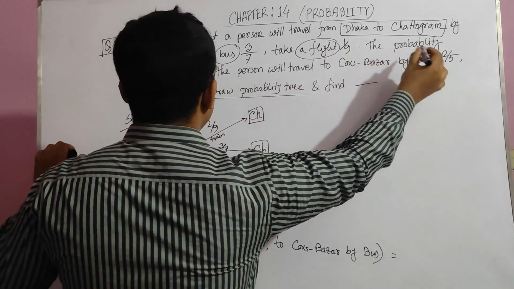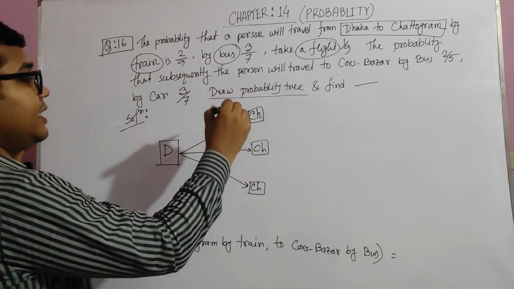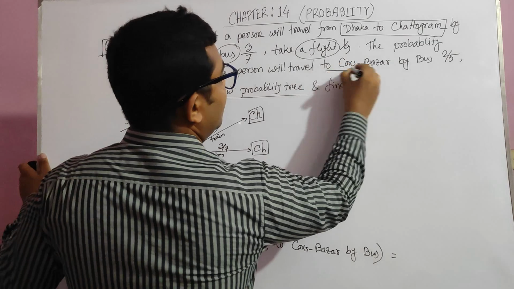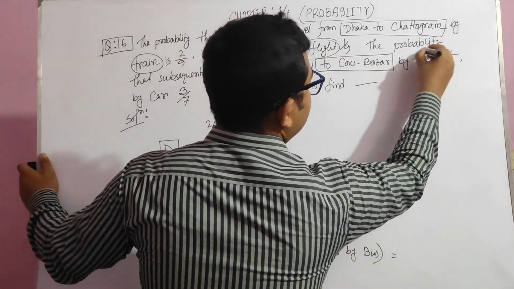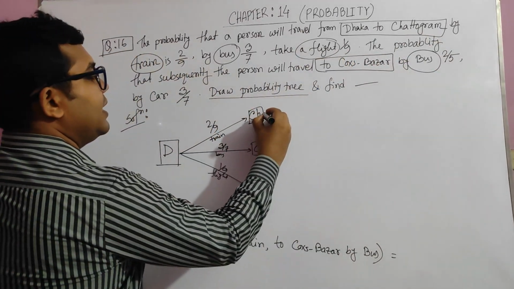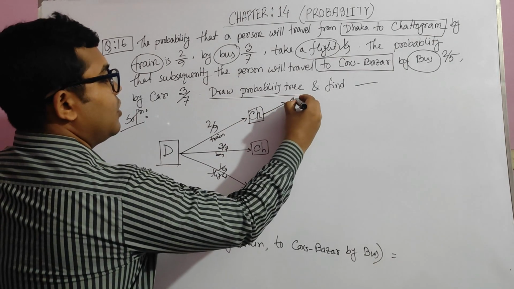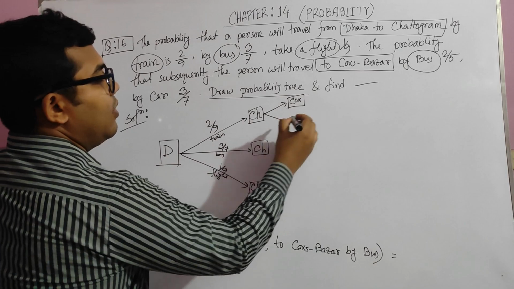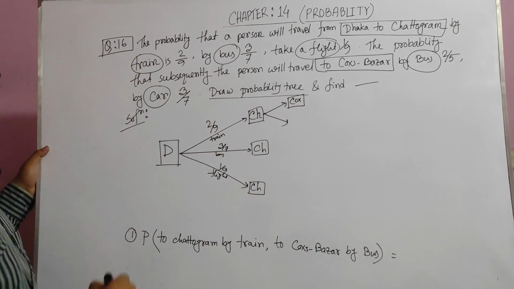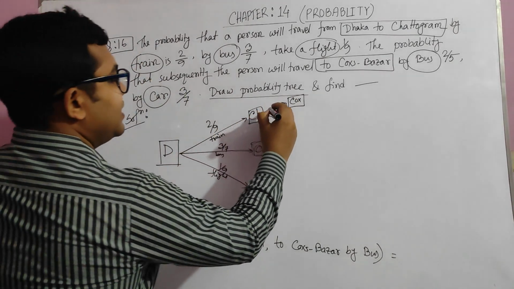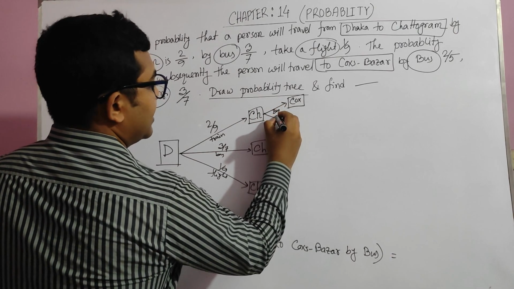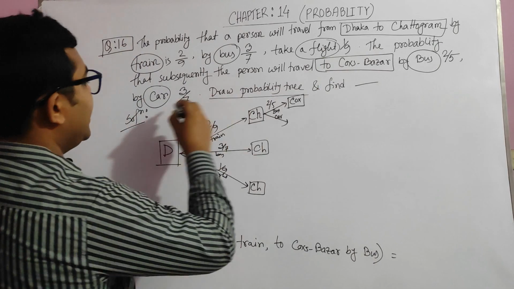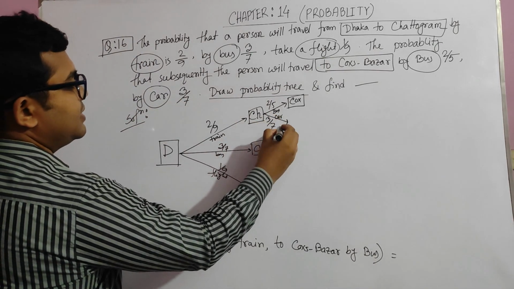Now the probability that subsequently, that means from Chittagong to Cox's Bazar, it can go by bus or by car. So this is bus and this is car. By bus it is 2 by 5, by car that is 3 by 7.